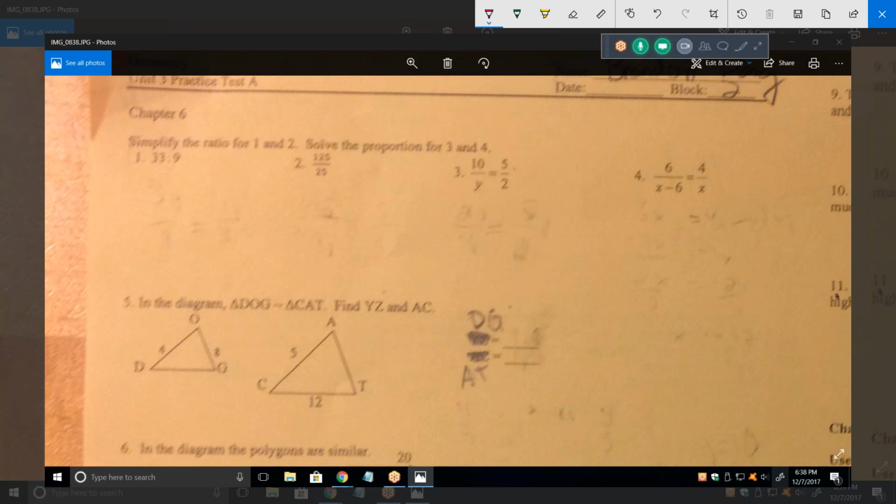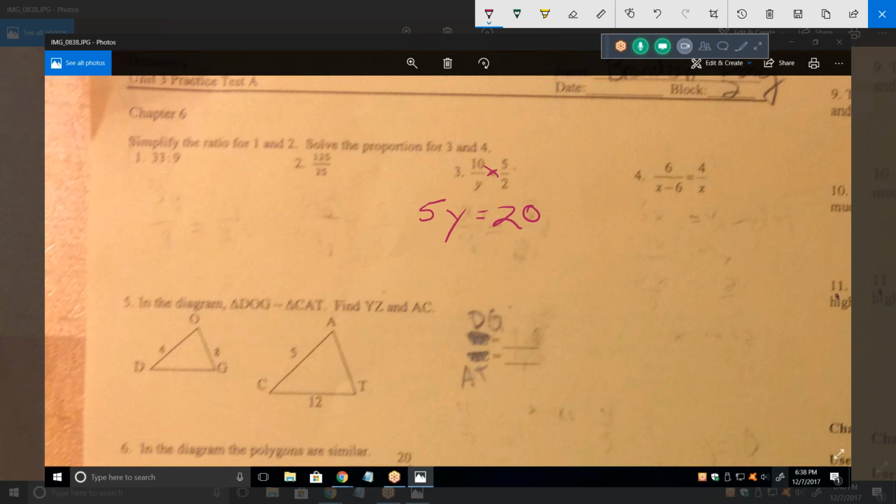When you see a fraction equals another fraction, think cross multiplication. I'm going to multiply those together to get 5y, and I'm going to multiply 10 times 2 together to get 20.